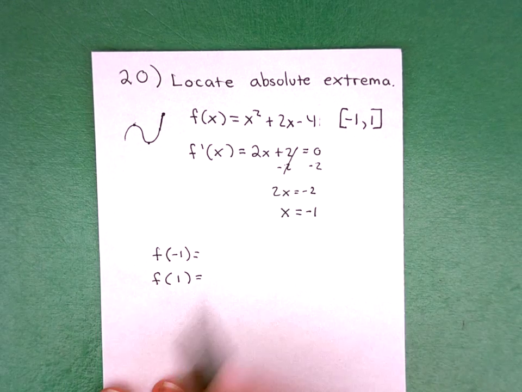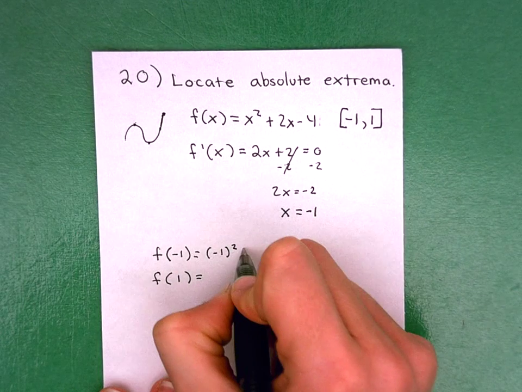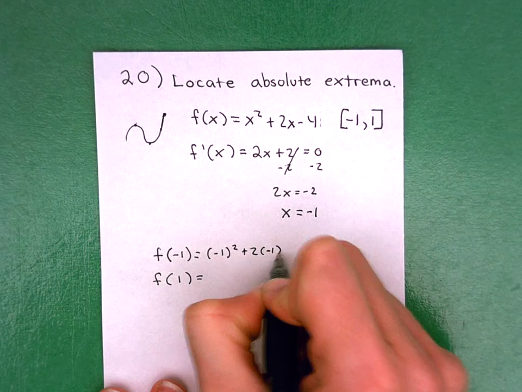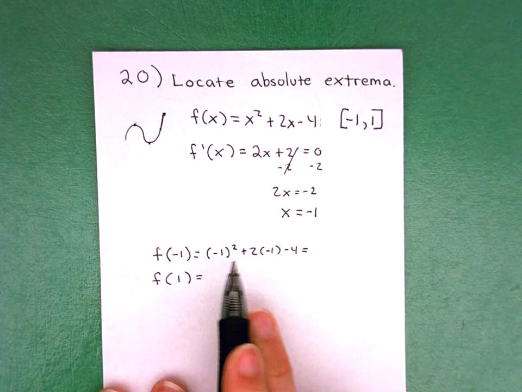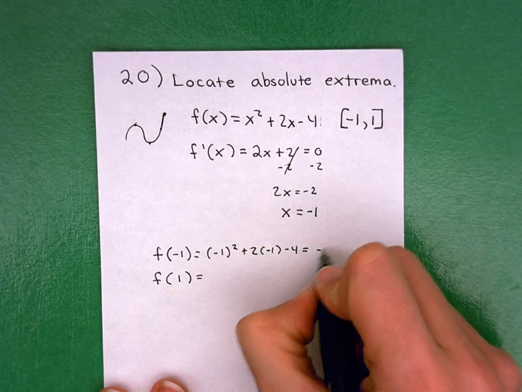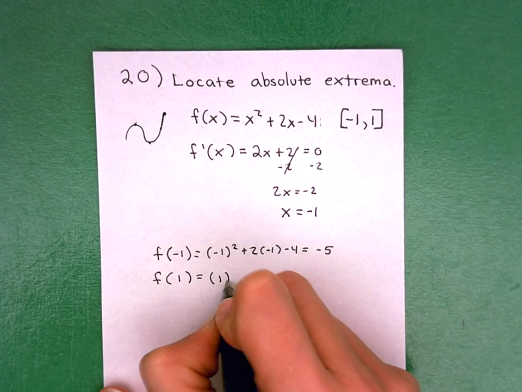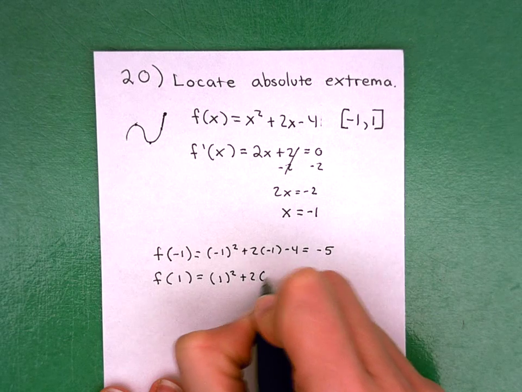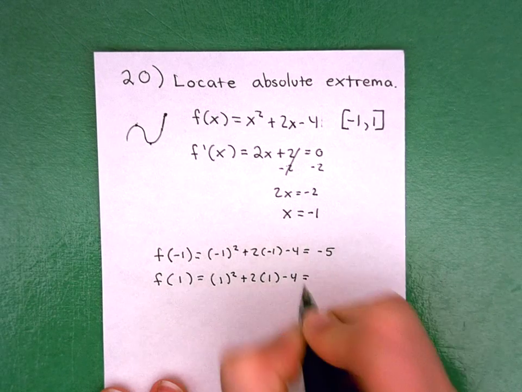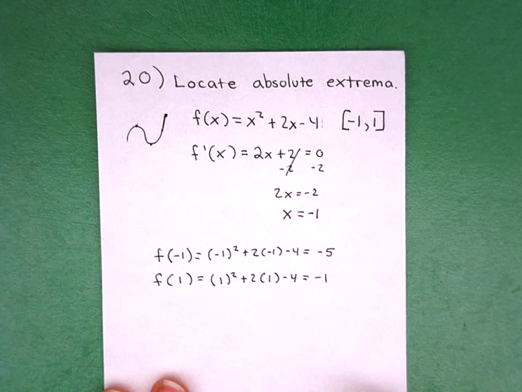Okay? When I plug in negative 1, I get negative 1 squared plus 2 times negative 1 minus 4, which is 1 minus 2 minus 4, which is negative 5. And when I plug in 1, I get 1 squared plus 2 times 1 minus 4, which is 1 plus 2 minus 4, which is negative 1.